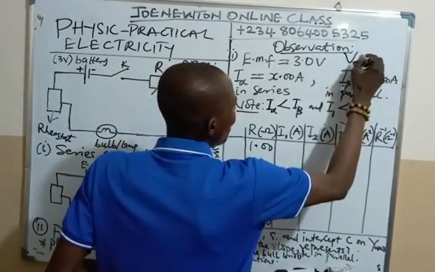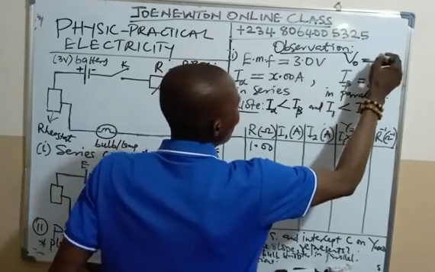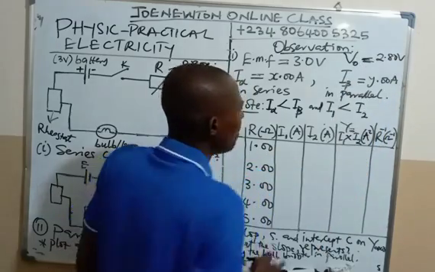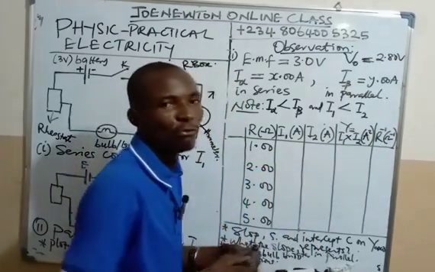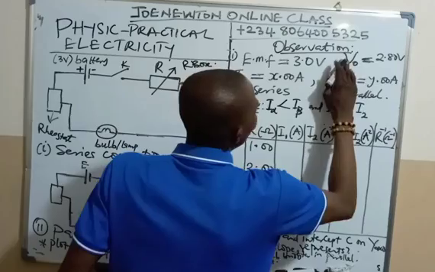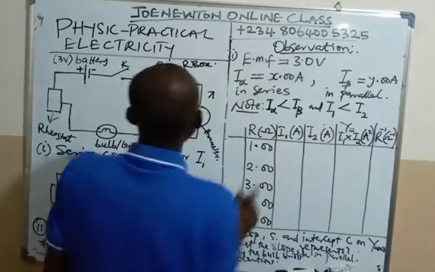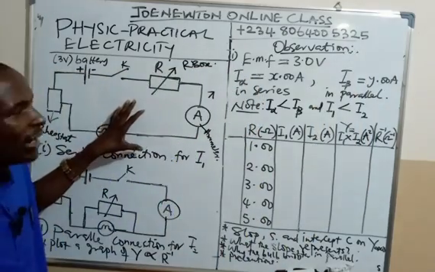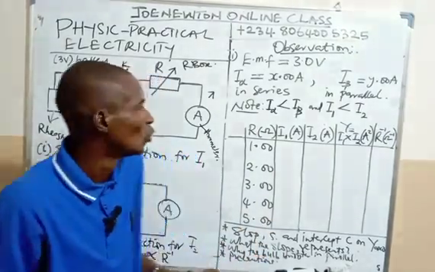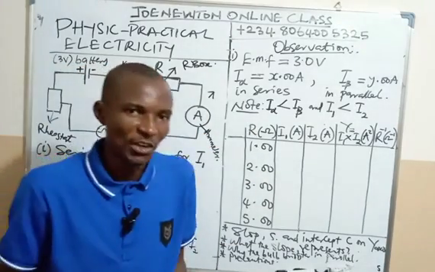The V0 may be something like 2.80 volt, for example, which is a bit less, or 2.50 volt, depending. But we are not expected to do this because in this case, we are not using any voltmeter here. So there is no voltmeter here, and you might not be expected to record a terminal PD.